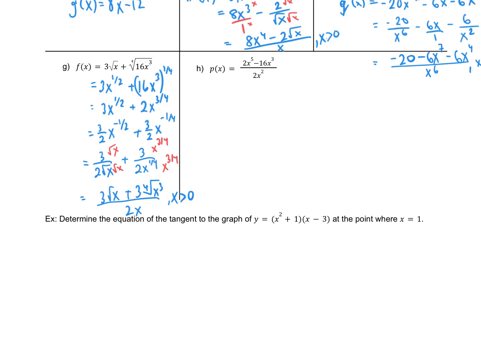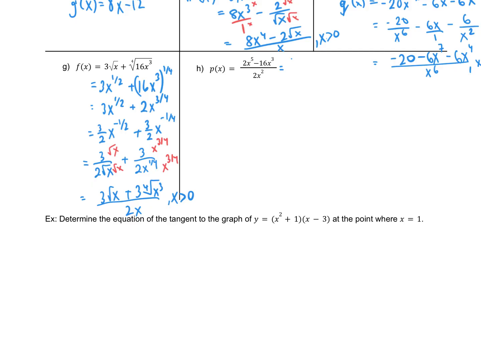All right, one more. P of x is equal to this rational function. Now, again, we don't know this quotient rule that we're going to learn later on for how to take the derivative when we have two functions being divided. So I'm going to try to simplify this rational function by factoring. The numerator has a nice GCF.